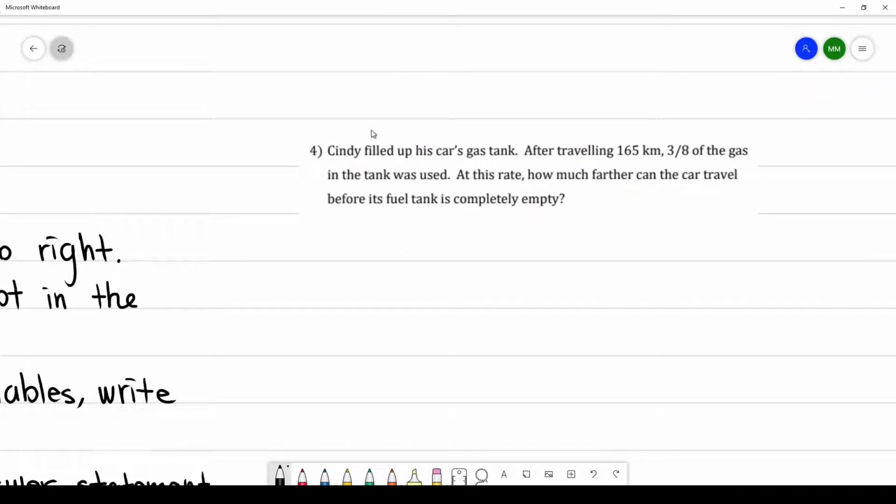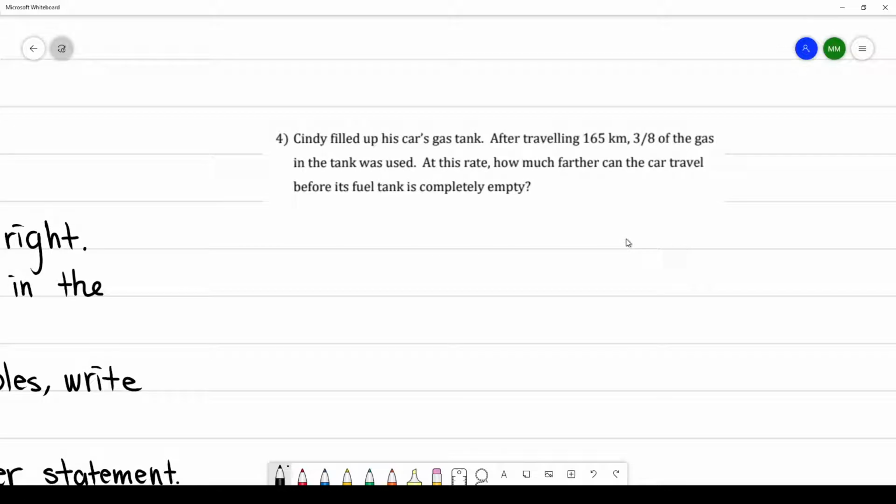So Cindy filled up her gas tank after traveling 165 kilometers, and so on. The question is, how much further can a car travel before its fuel tank is completely empty?